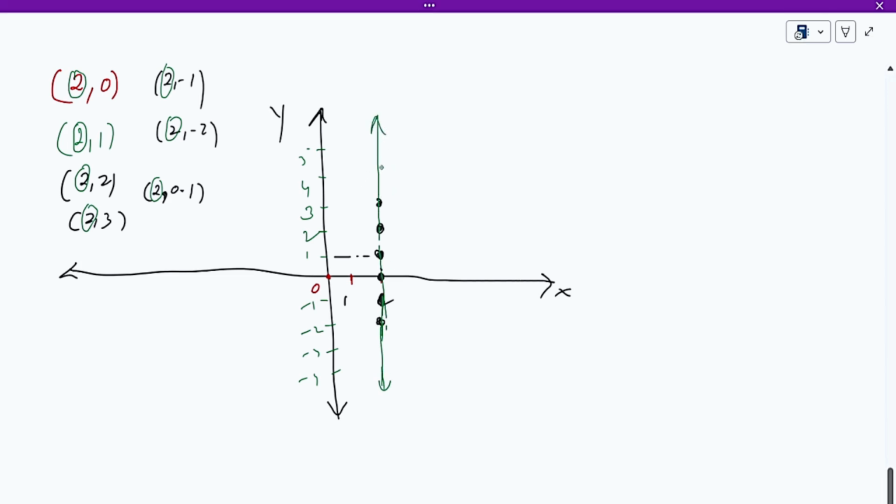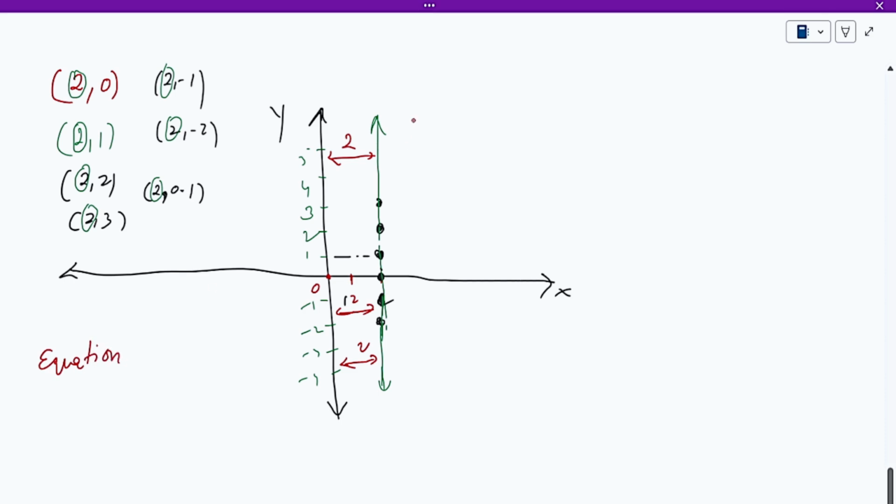And this line is at a distance of 2 units, which is the first component of all these points, from the y-axis. The distance between the y-axis and these points is always equal to 2. It is nothing but the equation of the line representing all these points.